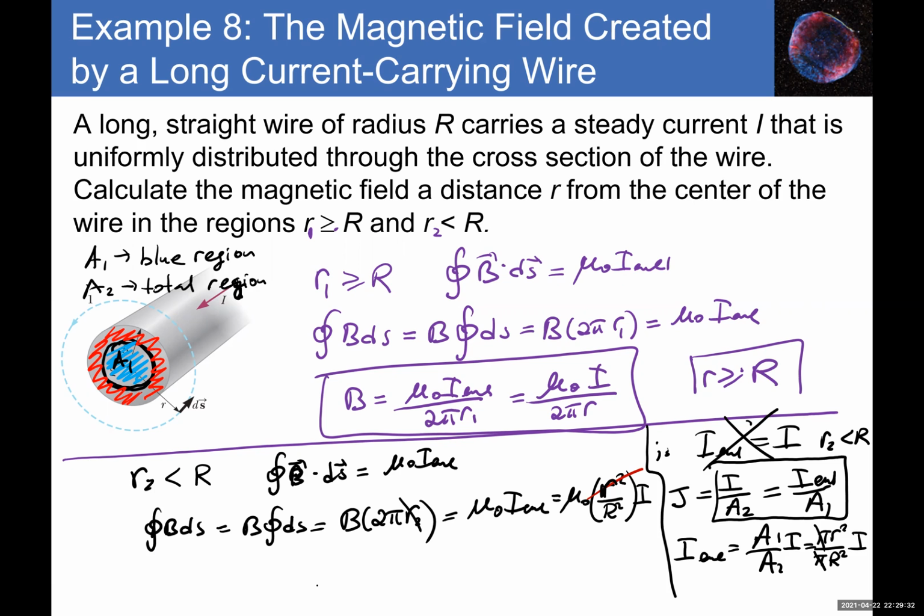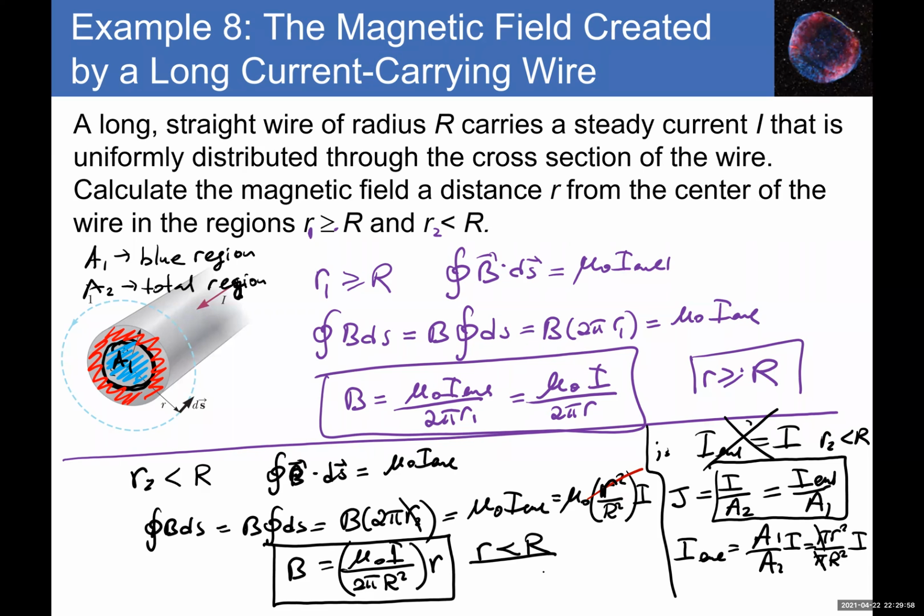Then what I will have is B equals mu naught times I divided by 2 pi radius squared, times r. So this will be the magnetic field inside a solid conductor, where r is less than the radius.